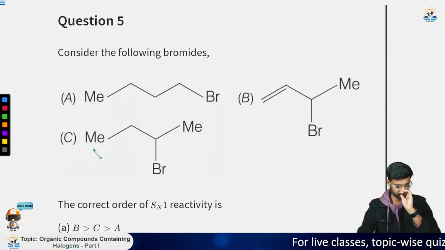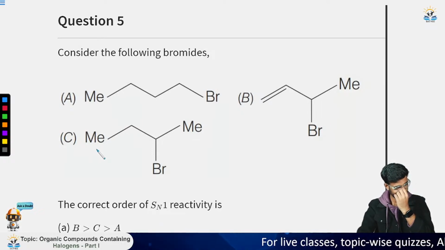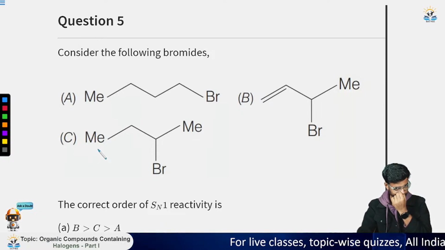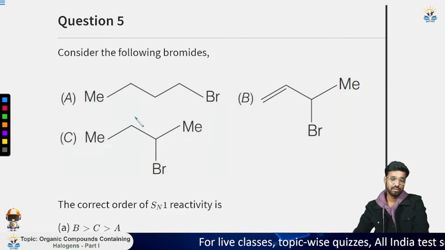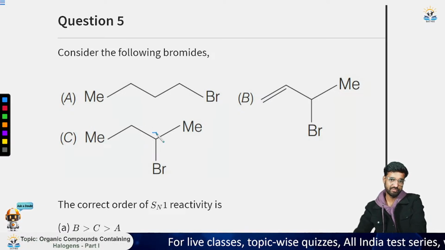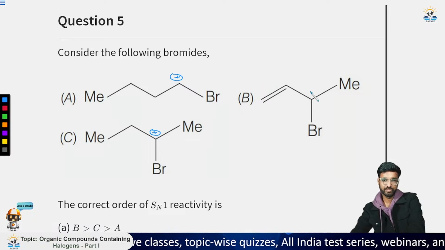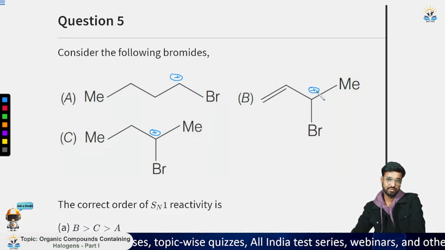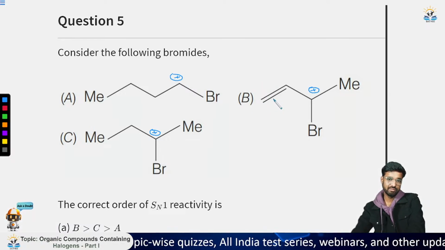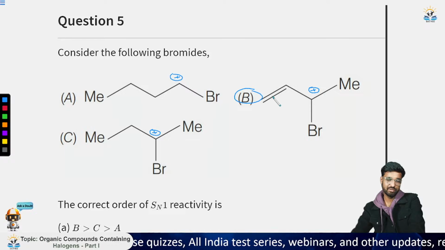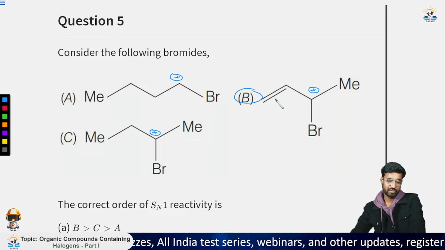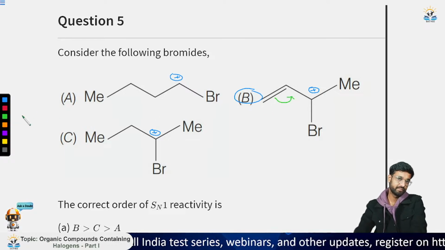Okay. Now, which of the following bromides has the correct order of SN1? So SN1 requires the formation of carbocation. It will be formed here, this one will be formed here, and this one will be formed here. So out of these three, this will be the most stable one because the double bond is resonating here.